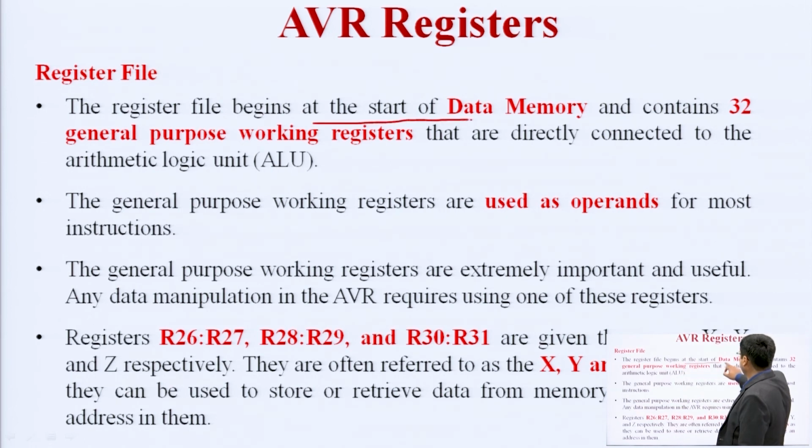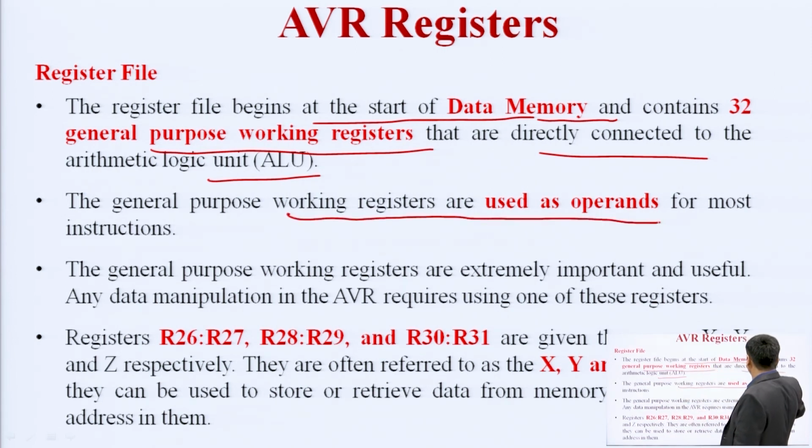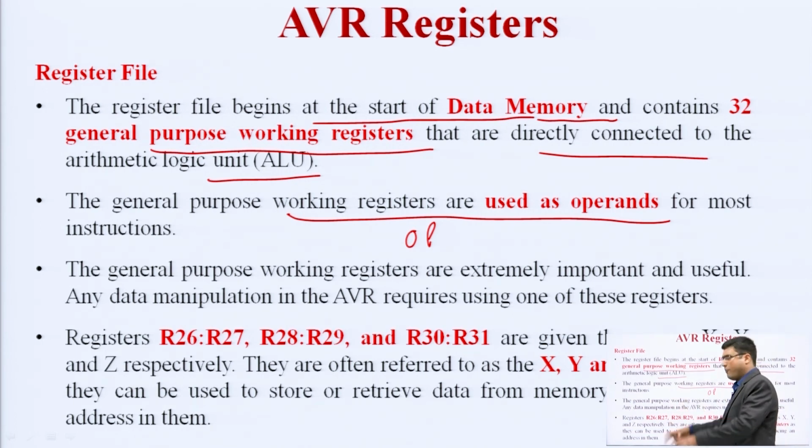The register file begins at the data memory and contains 32 general purpose registers that are directly connected to the ALU. We have seen in our block diagram that the ALU gets the data from the general purpose registers. So they are used as operands. There are two kinds of things in an instruction: opcodes and operands. Opcodes means operational codes, which are the machine codes, and operands are what we are operating on.